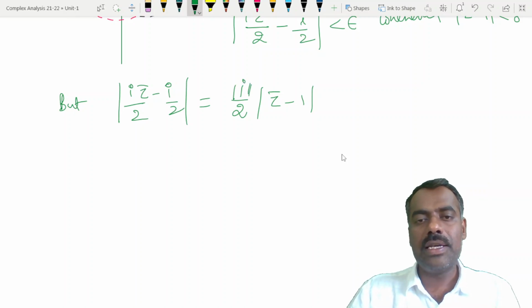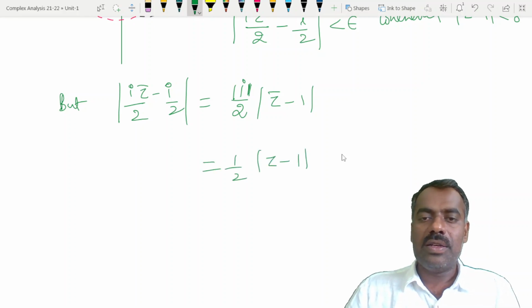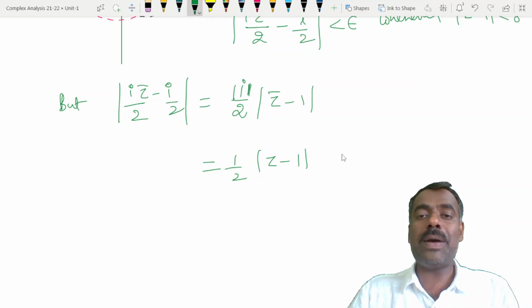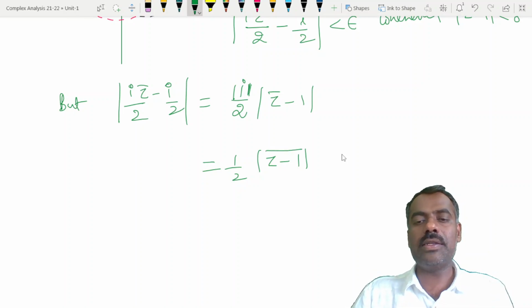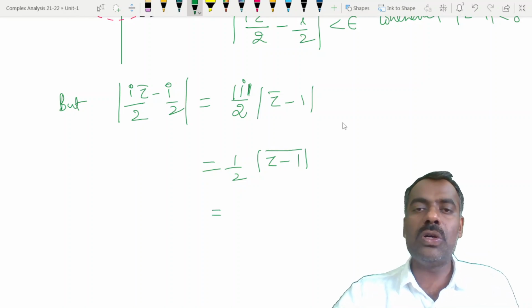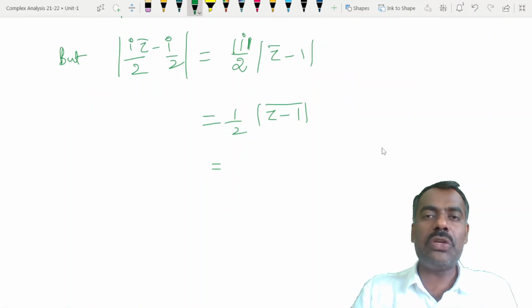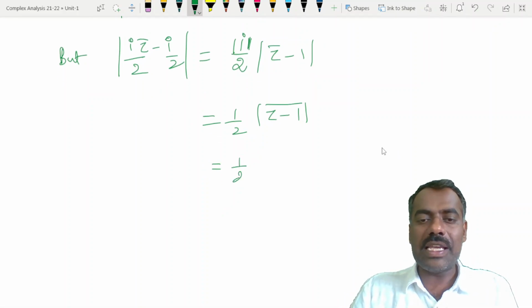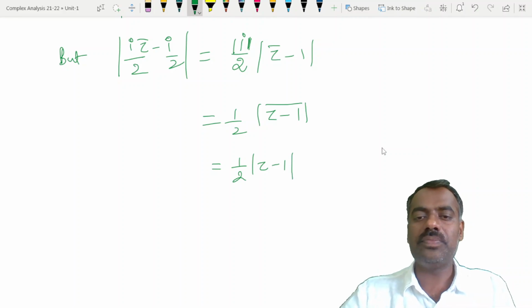The absolute value of i is the same as 1, and 1 bar is the same as 1. So we have z bar minus 1. But we know the absolute value of z is the same as the absolute value of z bar, so this is the same as mod z minus 1.